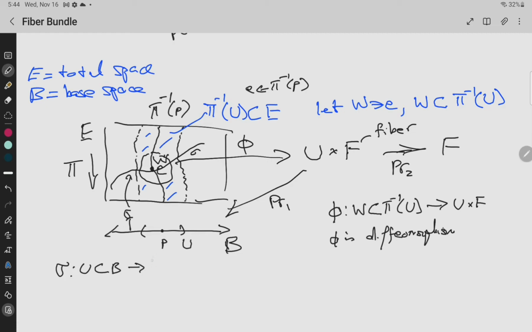So what you see here is the graph of the section on the total space, called a section such that the bundle projection composed with the section will give you the identity over B.